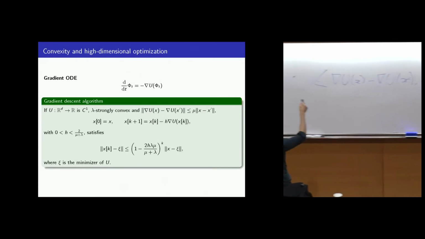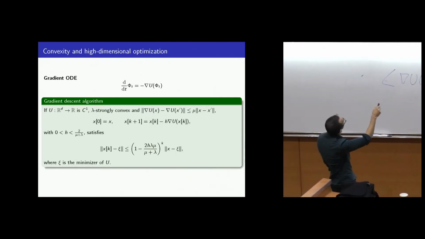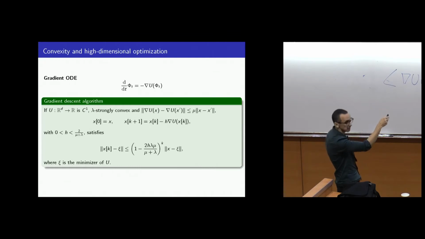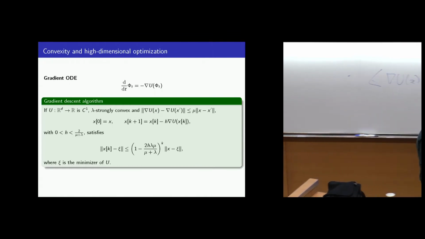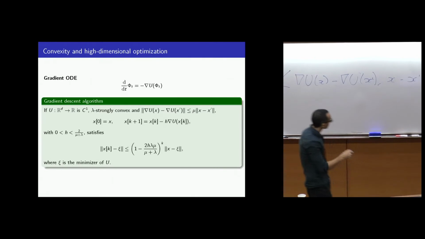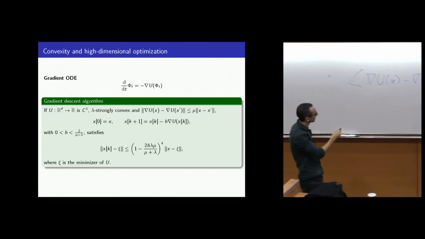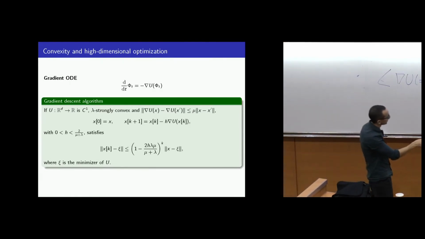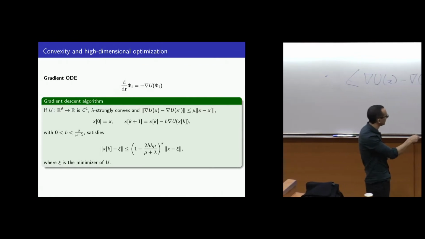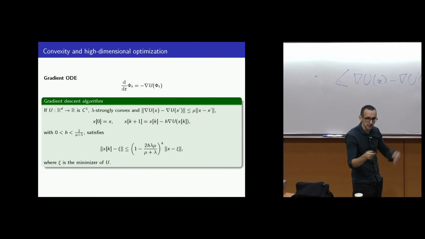At least for suitably small step size, the gradient algorithm converges exponentially fast. And one thing that's practically important here is that you see that both sides of this inequality are additive in the dimension. Because that's an inner product and that's a square norm, so additive in dimension.